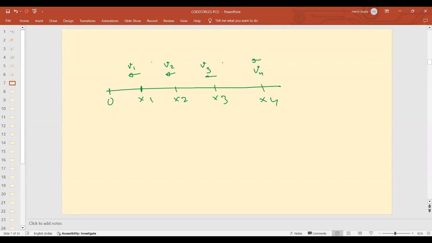Let me assume some arbitrary numbers. Let me tell you that the ball at position x4 takes 2.4 seconds to reach the origin, and the ball at x3 takes, let's suppose, 3 seconds to reach the origin.